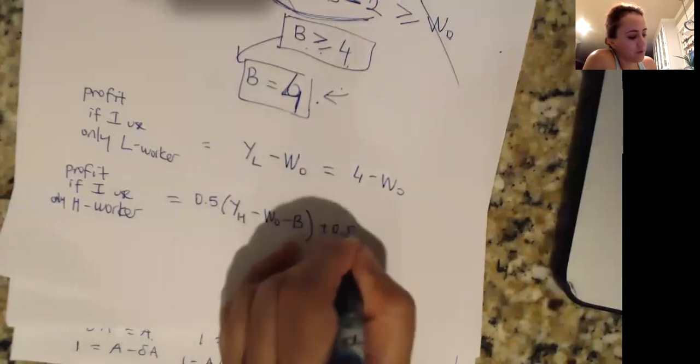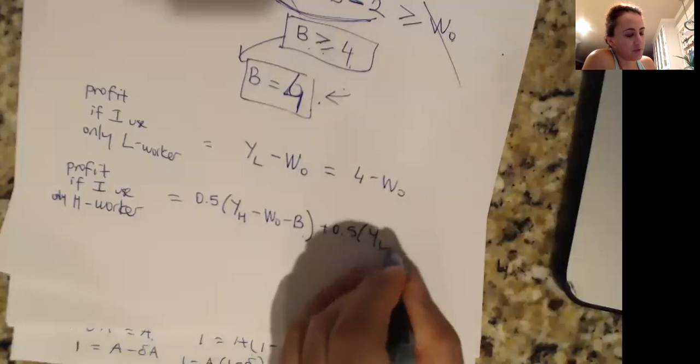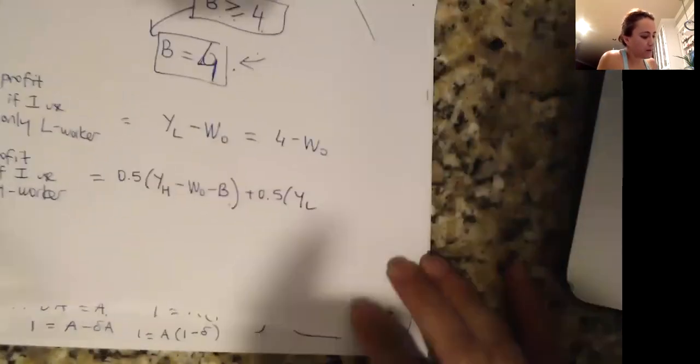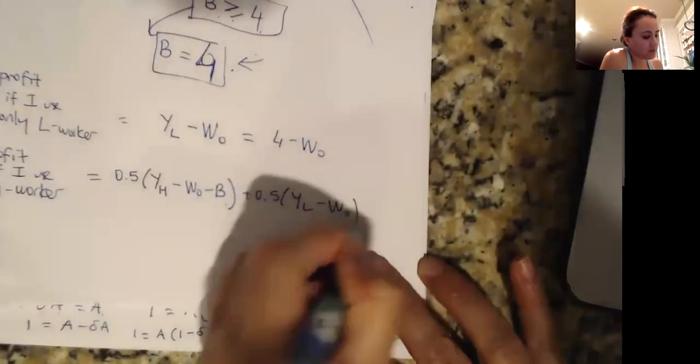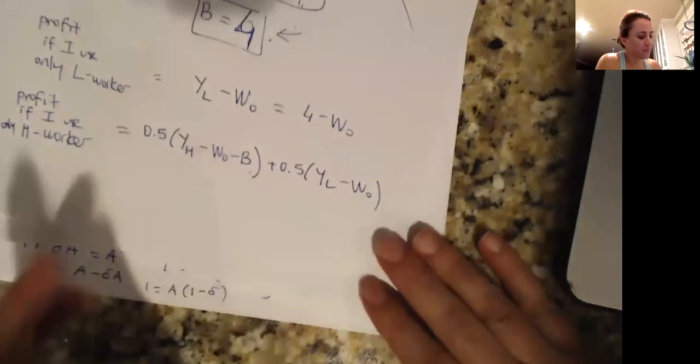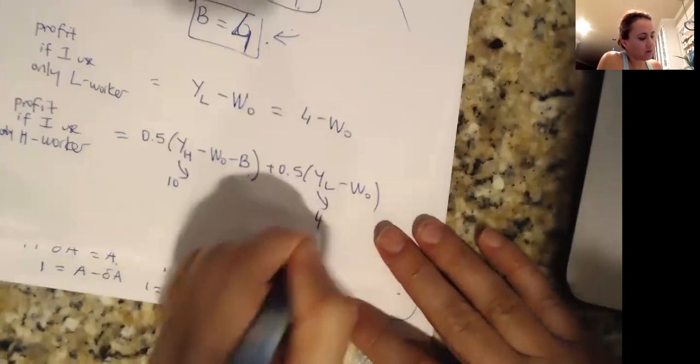With 50% probability, my output is going to be low, and in this case, I will only pay W0 to my worker. YH is 10, YL is 4.